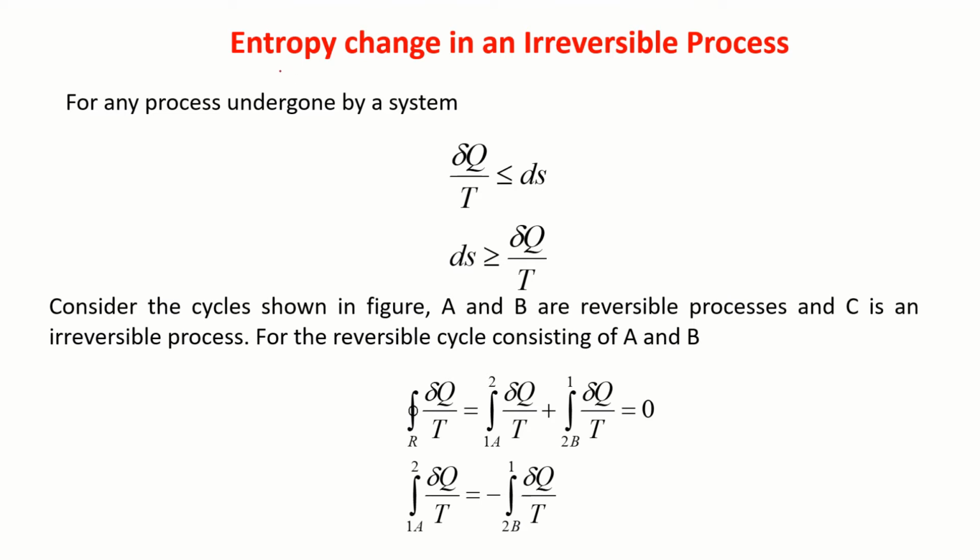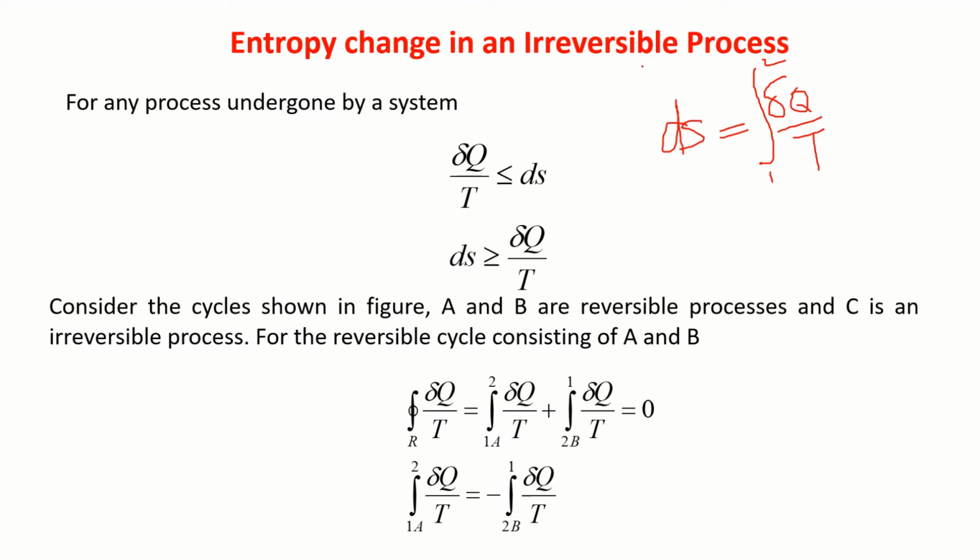Now let us look at entropy change in an irreversible process. So dS, entropy, is equal to delta Q by T for a process 1 to 2, correct?